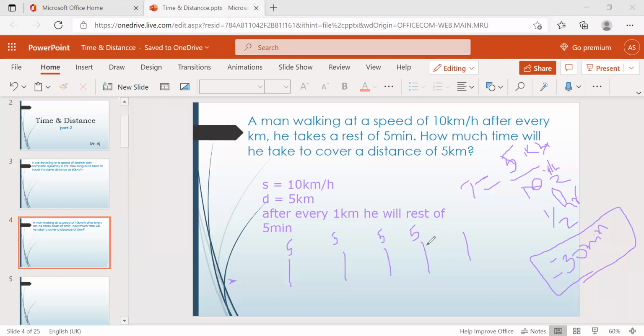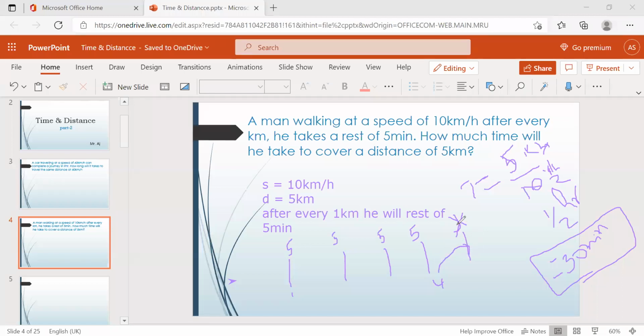And after here, up to how many kilometers is there? 1 kilometer over, 2 kilometers over, 3 over, 4 over. Now, next, from the 4th to the 5th kilometer, will he take the rest? No, because he already reached the 5 kilometers destination.